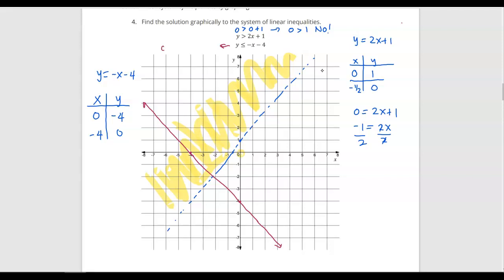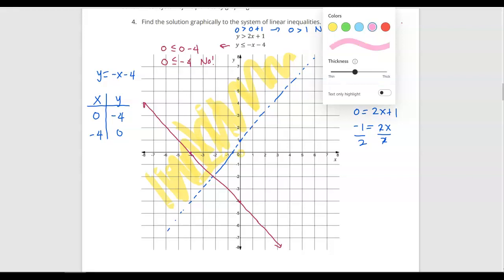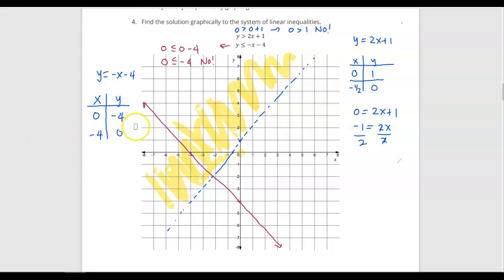So if y is 0, we have 0 less than or equal to 0 minus 4, which is negative 4. Is that true? Is 0 less than or equal to negative 4? The answer is no. 0 is not less than or equal to negative 4. 0 is greater than negative 4. So therefore, we will shade the region that does not contain my test point. It is this region here.